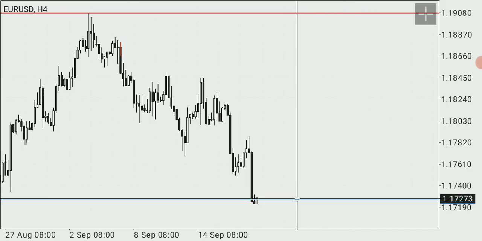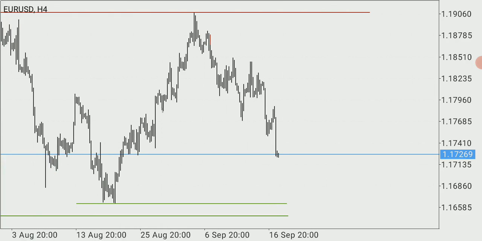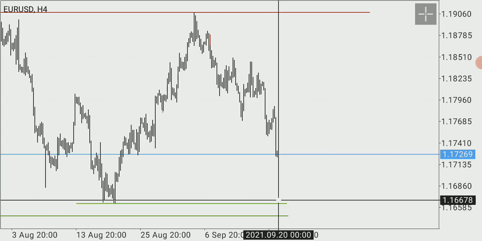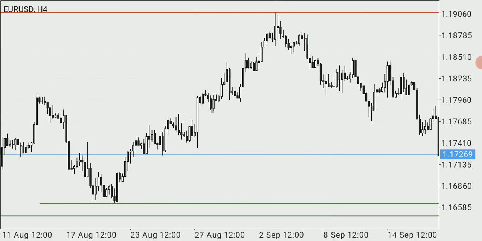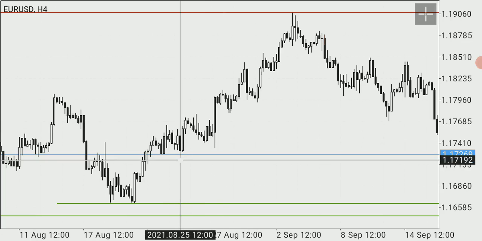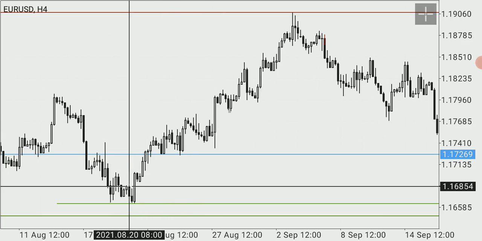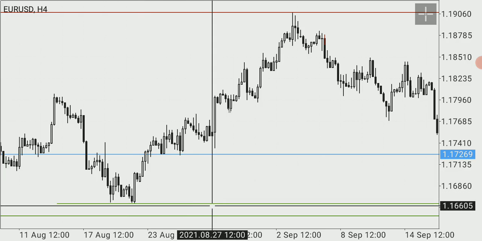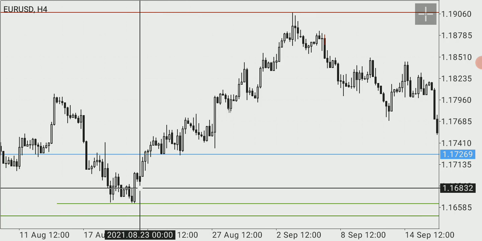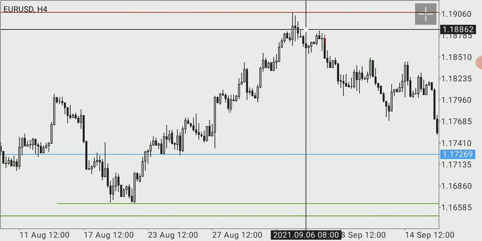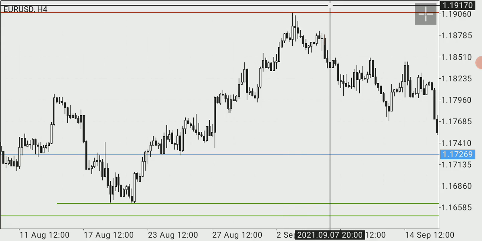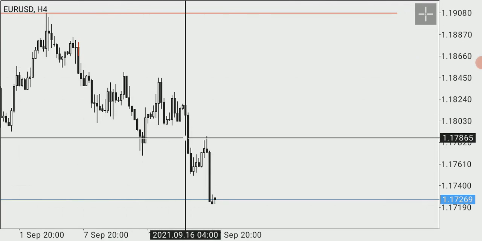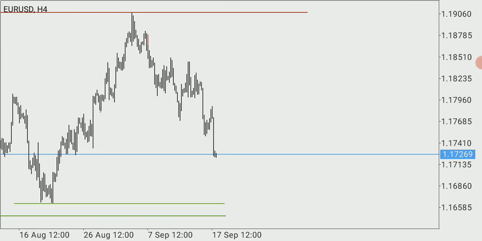That's what we might likely see, taking out this low, but most importantly coming to this particular order block right here. It might come to this particular point and then reverse, going to take out these equal highs, or it might continue going down. So let's keep watch on that.